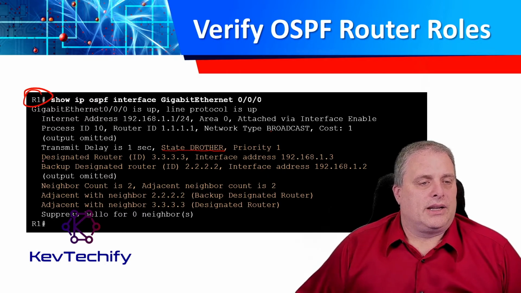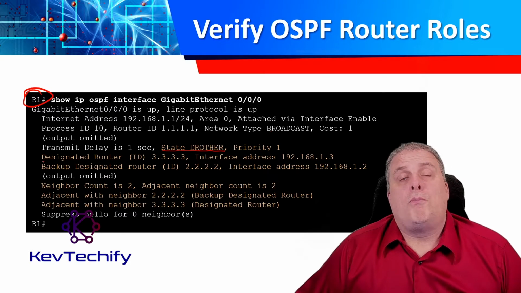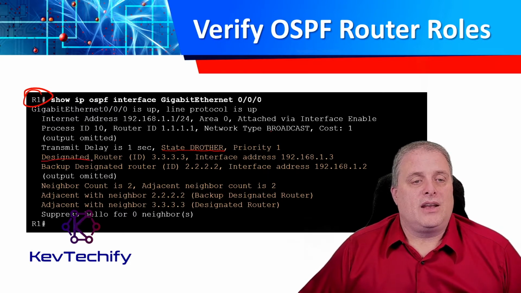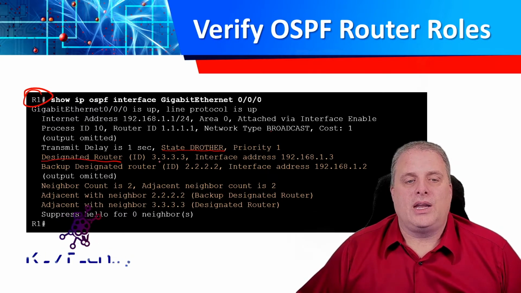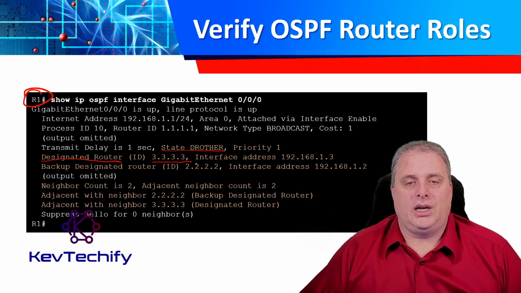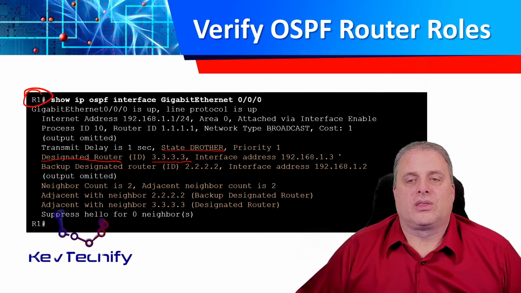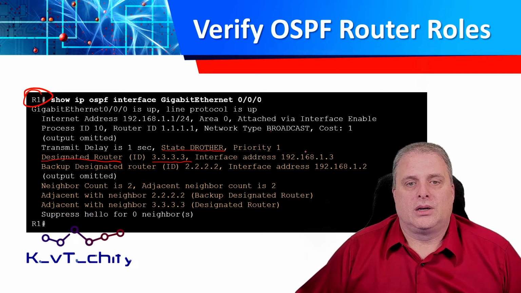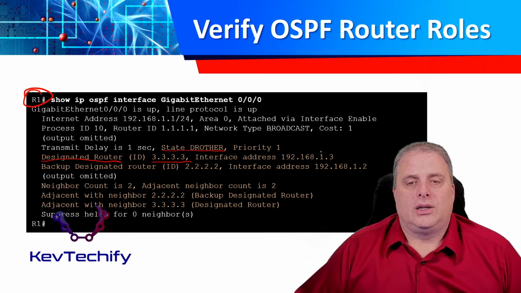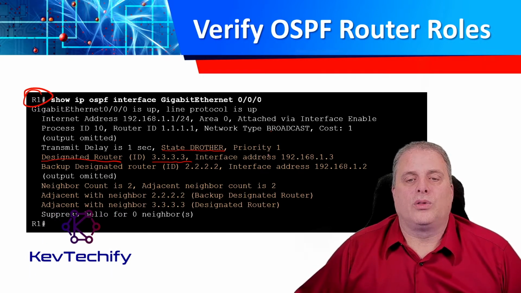After that, it now lists our designated router and our backup designated router. Our designated router was the highest router ID, which is 3.3.3.3, and that has an interface address of 192.168.1.3. That was the IP address on R3, the IP address on R3 that was part of that network that connects up all the routers, that internal network that connects to the switch.